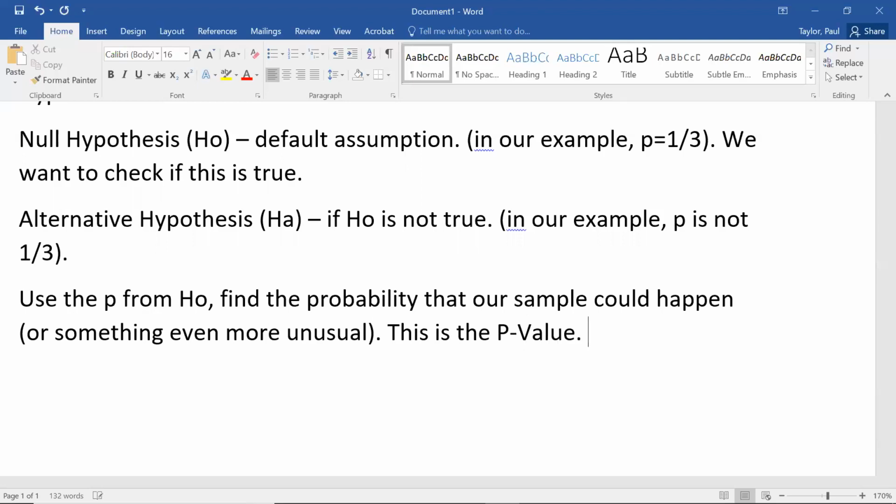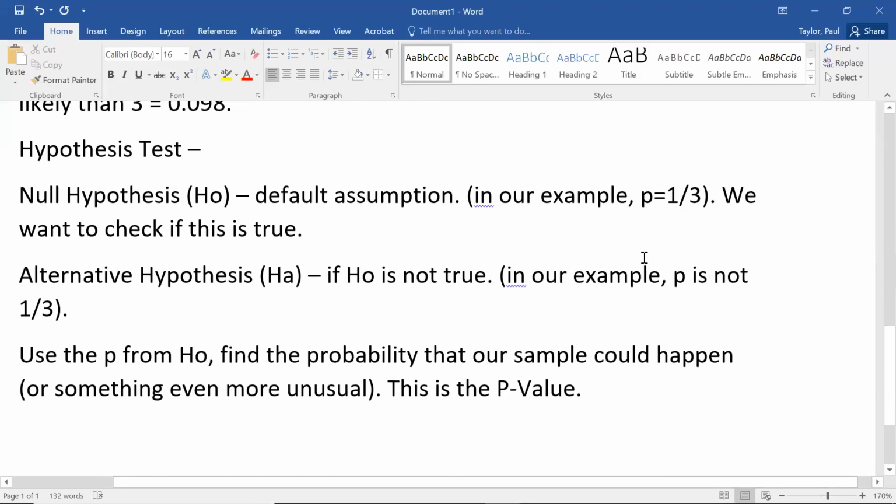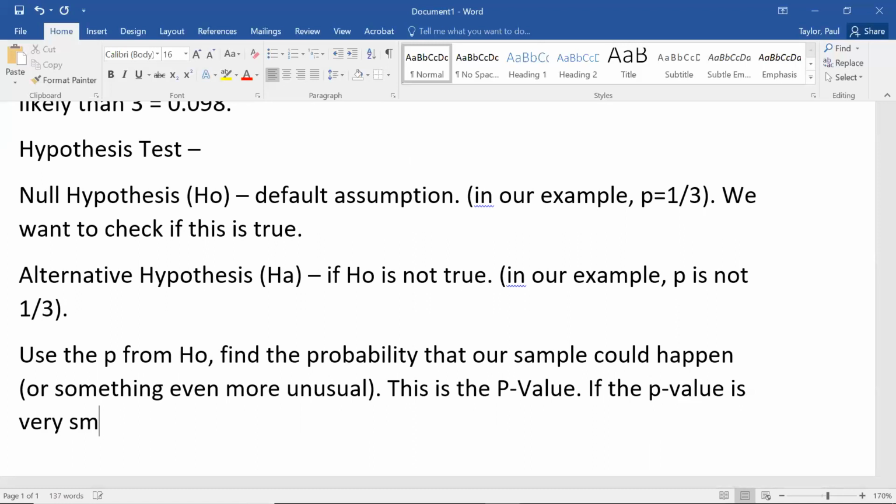Now, it's a little bit unfortunate that this is called the p-value, and we're looking for a proportion p, and our sample has a proportion p hat. There's p's sort of all over the place, but that's life. So the p-value we found for our example up here was 0.098, so just under 10%. So if the p-value is very small, that means that our sample was really unlikely to come up, at least under the assumption that the null hypothesis is true.